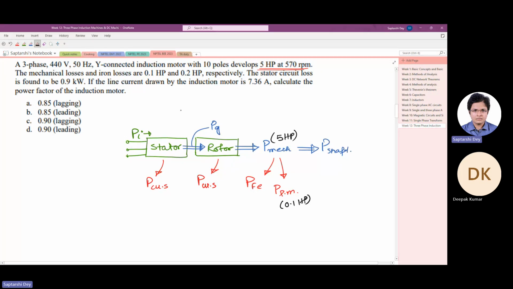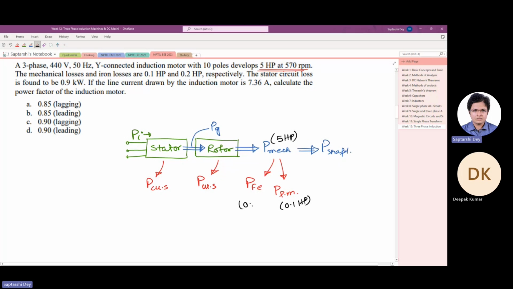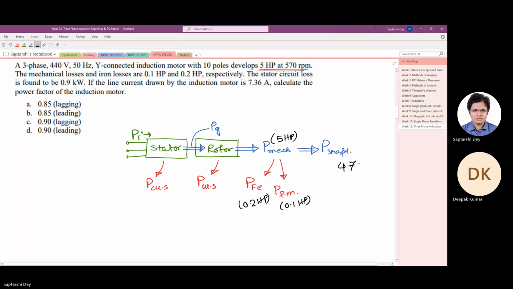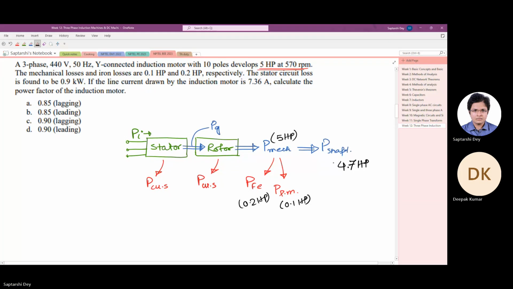Iron losses are 0.2 HP. So 0.3 goes away, and what we are left with at the shaft is 4.7 HP. Okay. All right. Now, this is Pmech.